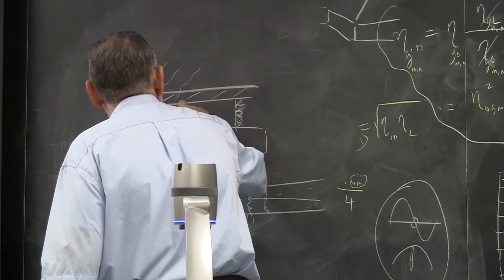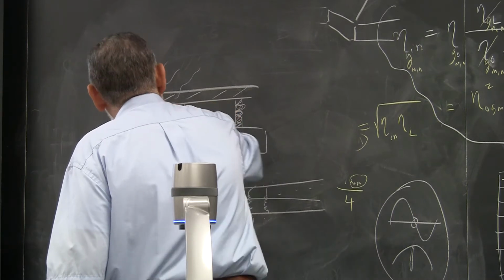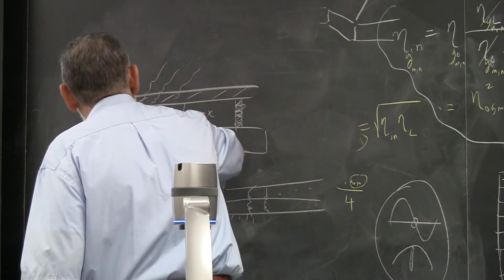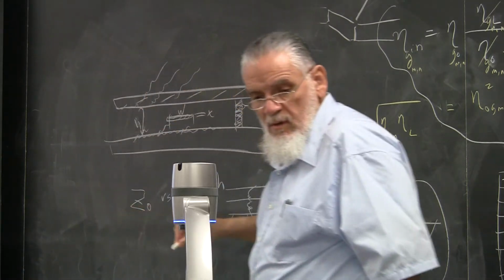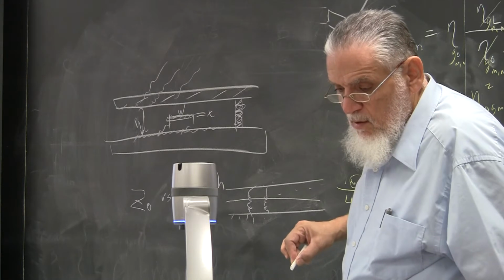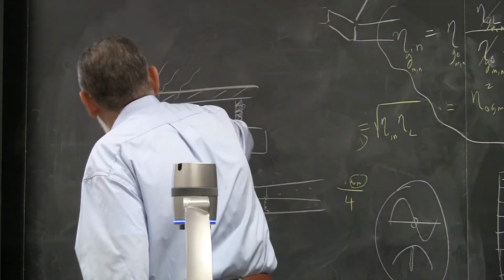The width W, the thickness T, the spacing D or H, typically it's called H, or T equals B here. Anyway, B, let's use the same notation.